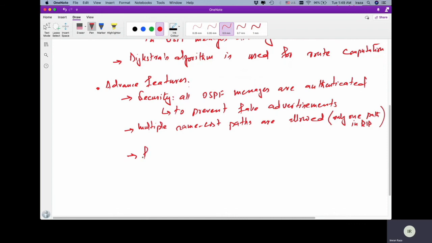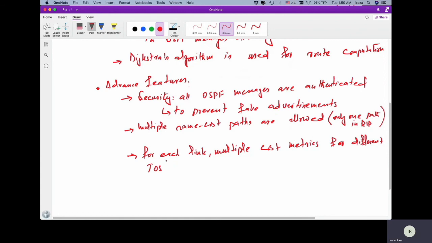So for each link, we can have multiple cost metrics for different types of service.